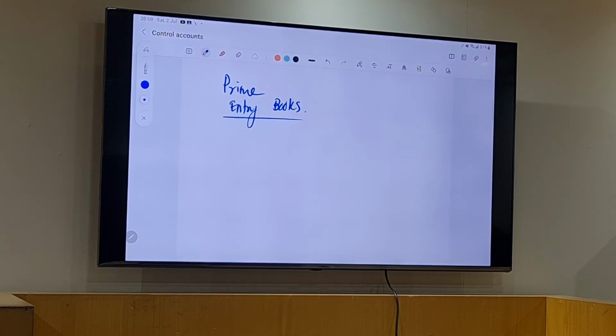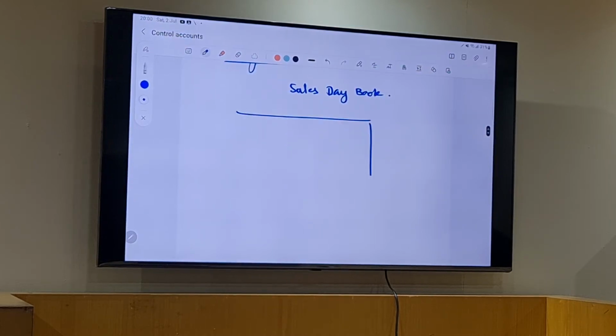Now, if I pick the sales day book here, what is the purpose of the sales day book? To record what? Credit sales. To record only the credit sales. And if I put the format, this is my sales day book.